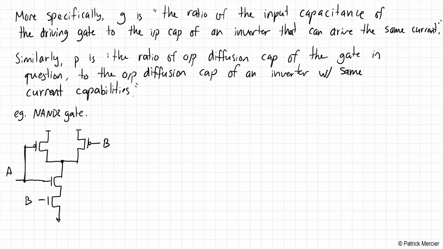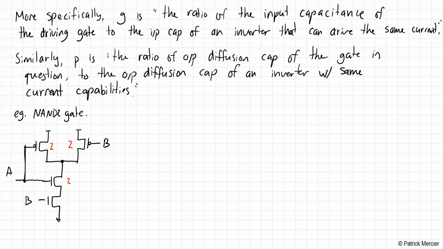Okay, so first of all, let's size this gate to have the same current carrying capabilities as a unit size NMOS in the worst case. In the worst case, that means our PMOS transistors will be of size 2, because in the worst case, only one of them will be on at a time, and they will have the same current carrying capability as an inverter.